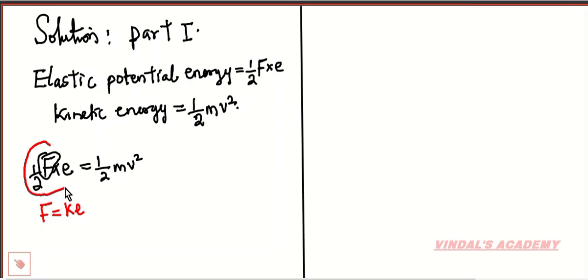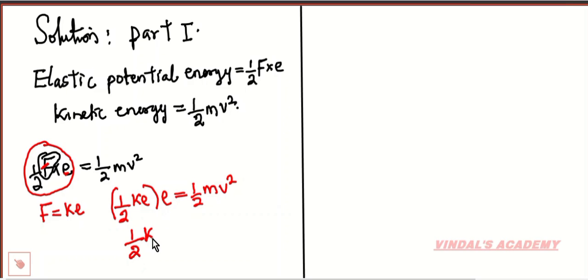Therefore the whole expression is the same thing as 1 over 2, and instead of writing F, I'm going to write Ke. Then this is another e, times e, which is equal to half mv squared. The whole expression is half Ke squared, equal to half mv squared. They look alike, but please don't ever make the mistake of thinking that they are the same.